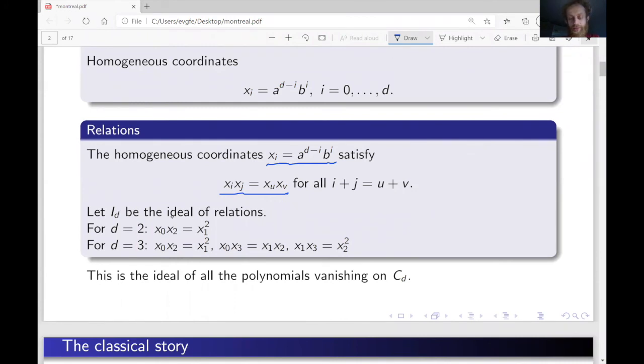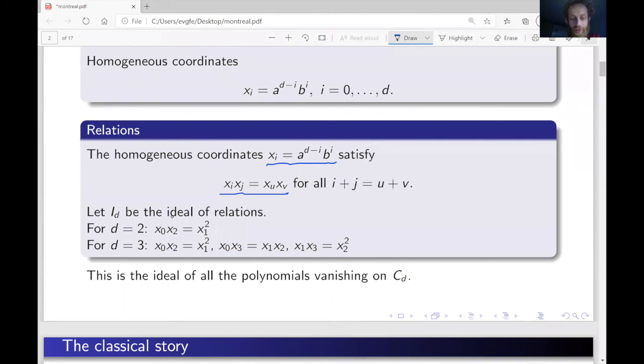There is something to do to show that no other relations are needed, meaning that if you have a polynomial vanishing on the Veronese curve, then this polynomial sits inside the ideal generated by the differences of the left and right hand sides. Let me give an example.